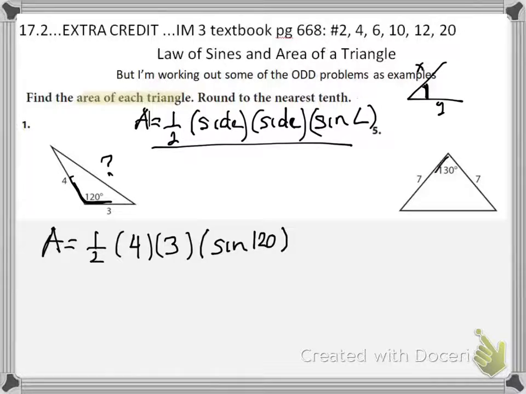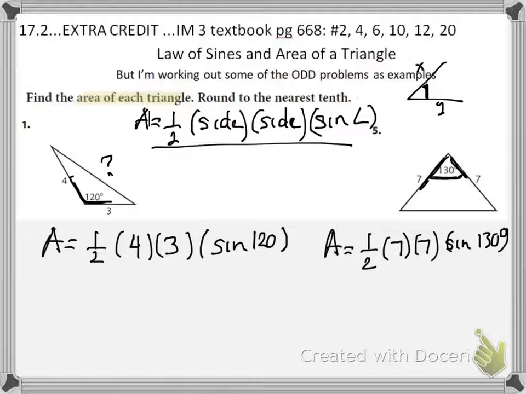In this case, two sides and the angle where they meet. Area equals 1/2 times the 7 times the 7 times the sine of 130 degrees. Don't really need those parentheses on the end, do I? Now all I have left to do is put that in the calculator.